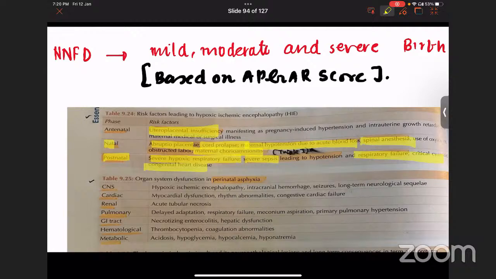For cyanosis at birth, you have to remember two things: TGA with intact IVS and hypoplastic left heart syndrome. Hypoplastic left heart syndrome and TGA with intact interventricular septum are the two major conditions which will present with sudden onset congestive cardiac failure and neonatal cyanosis at birth. So they will be asking. So these are the antenatal, intranatal, and postnatal causes.